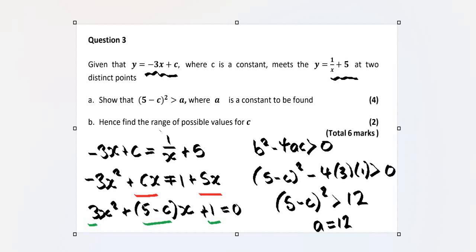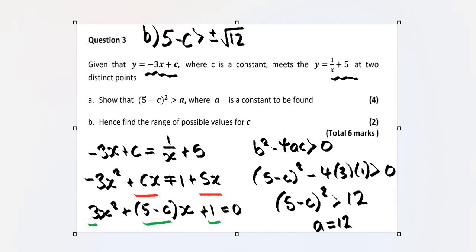Now it says find the possible values for c. Well, if I know that (5 minus c) squared is greater than 12, what I can do is say that 5 minus c is greater than plus or minus the square root of 12.